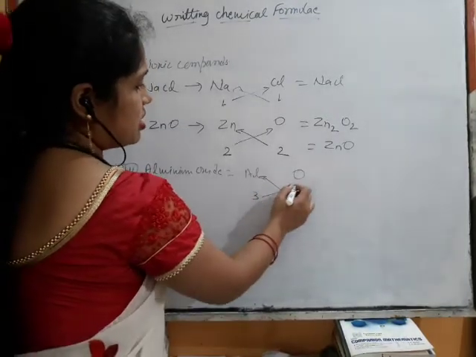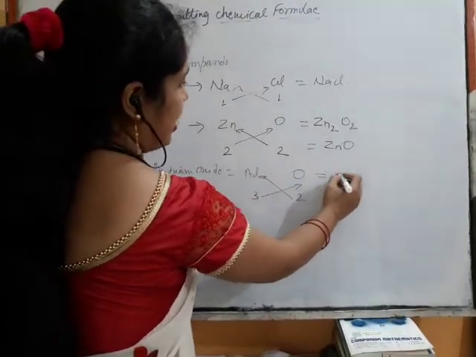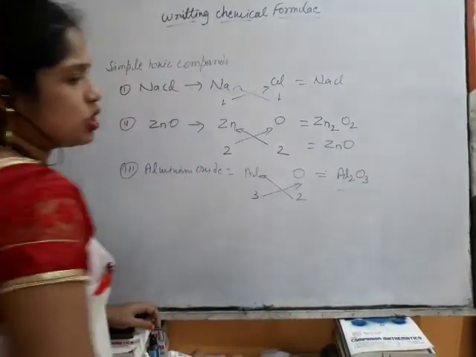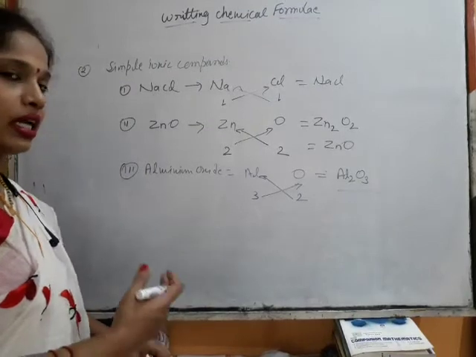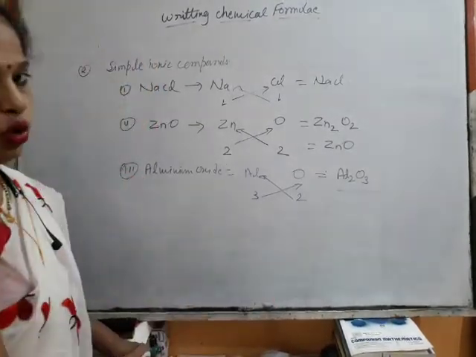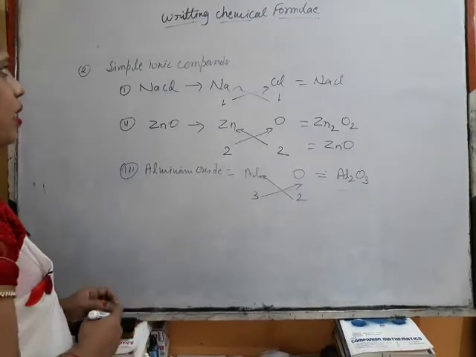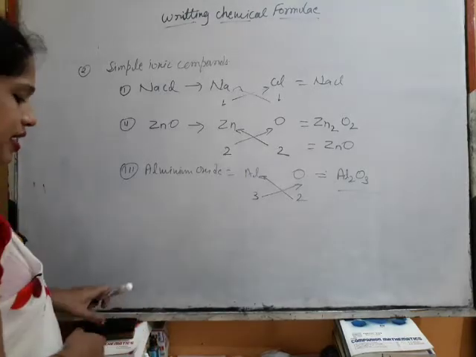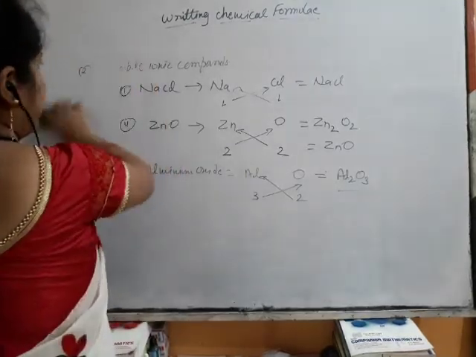So crisscross, aluminium oxide Al2O3. The numbers are already in the simple whole number ratio, 2 upon 3. So Al2O3. In this way the simple ionic compound formula is written.